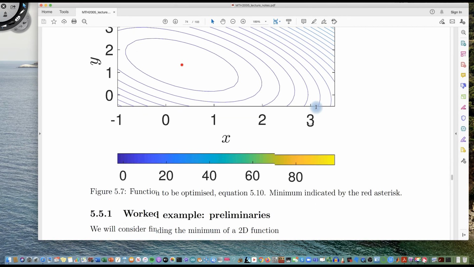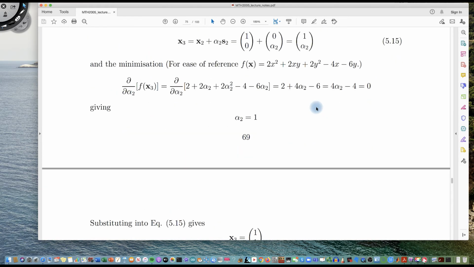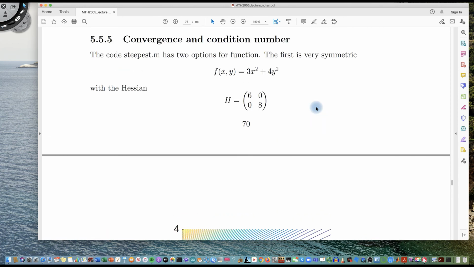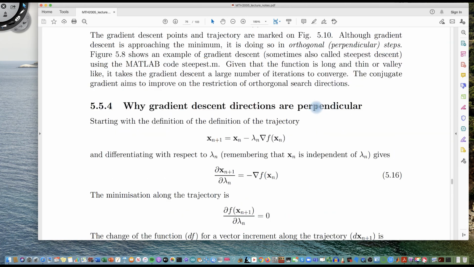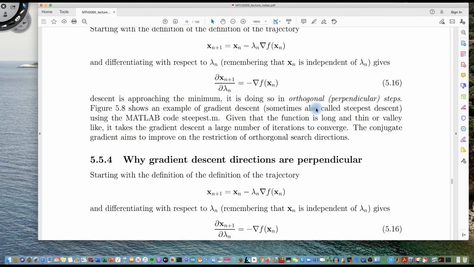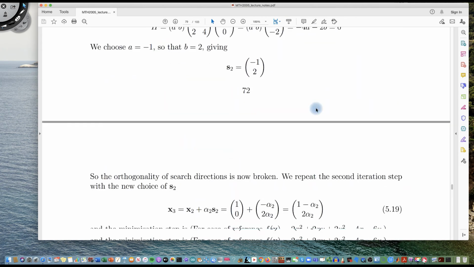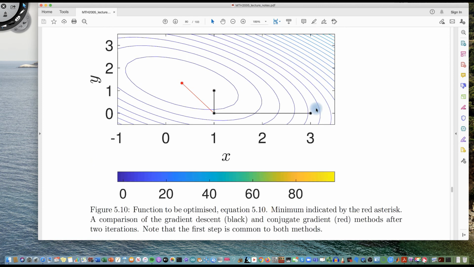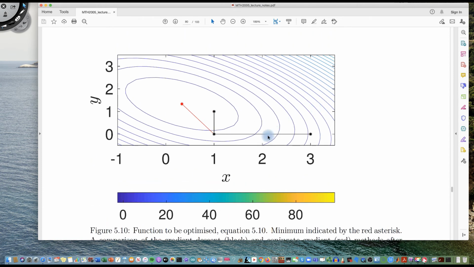So if we go further down the notes, there's a plot then somewhere. Forget about the red line at the moment, but how these first 2 steps of the gradient descent work. So this is a position vector x1.